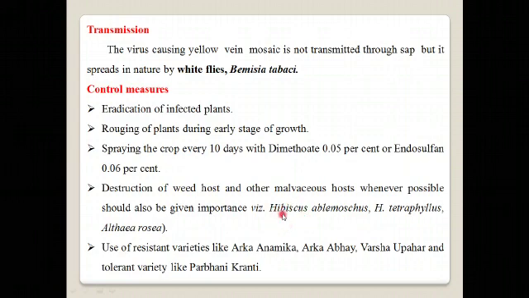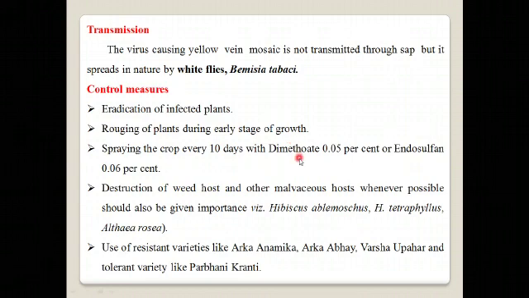So it is necessary to eradicate these weed hosts and malvaceous hosts near the bhendi fields. Then locate the virus-infected bhendi plants and destroy them properly, or rogue out these plants during the early growth of the bhendi crop.